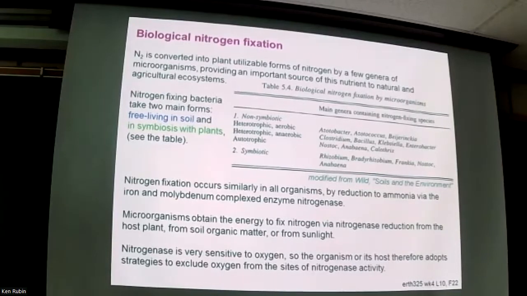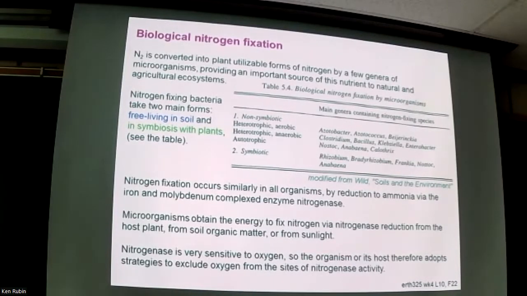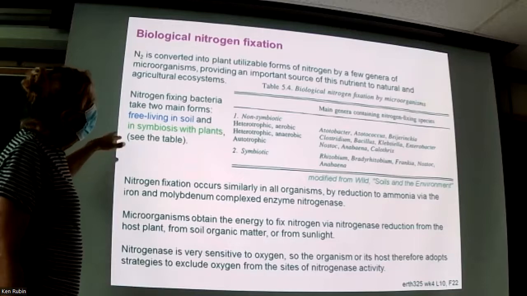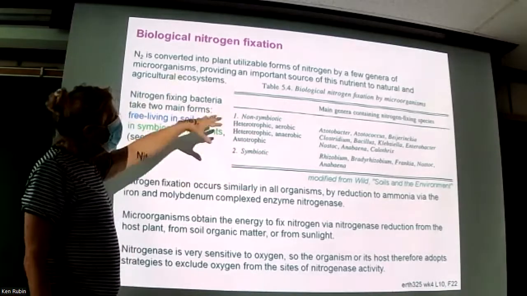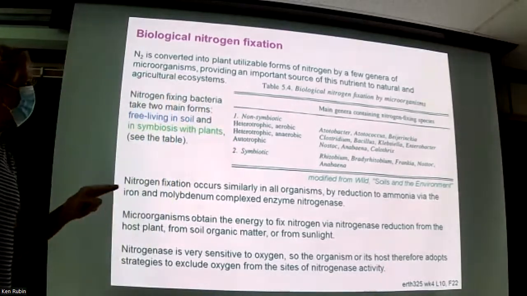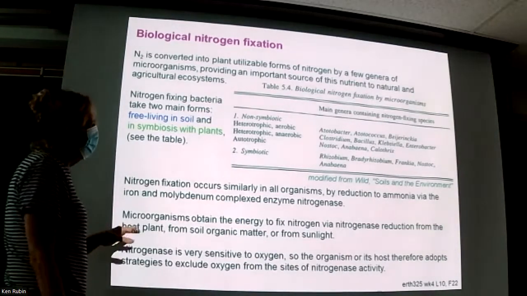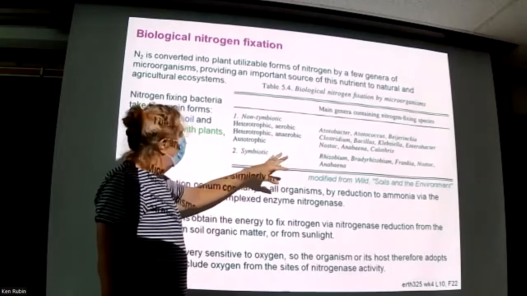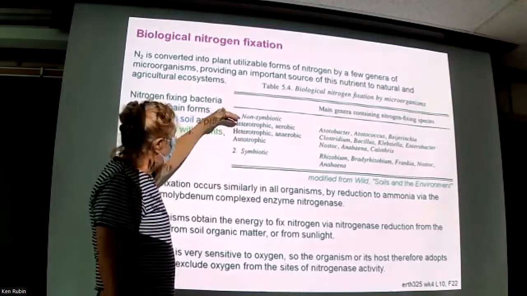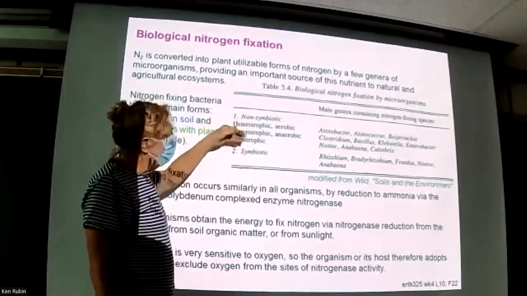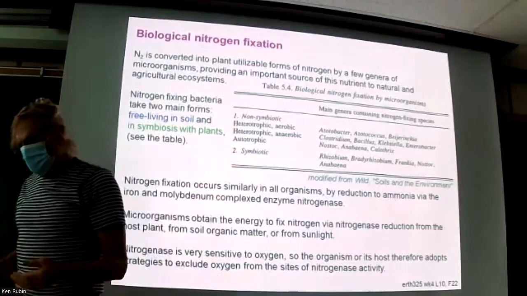And so these are just some kinds of organisms that do what we call nitrogen fixing. And I only point this out again, you don't have to memorize any of the names of anything. These are things you can always look up, but there are basically two mechanisms that organisms use.